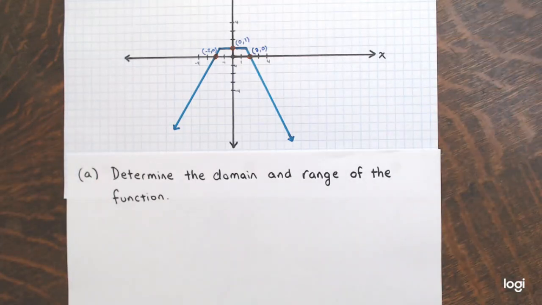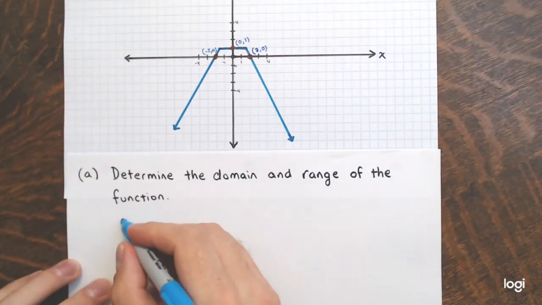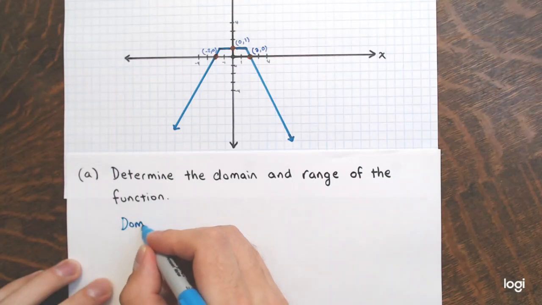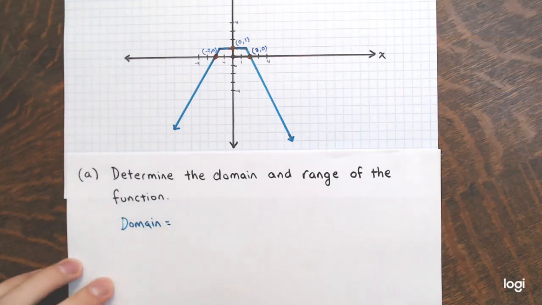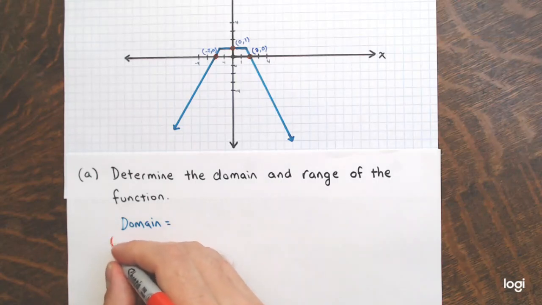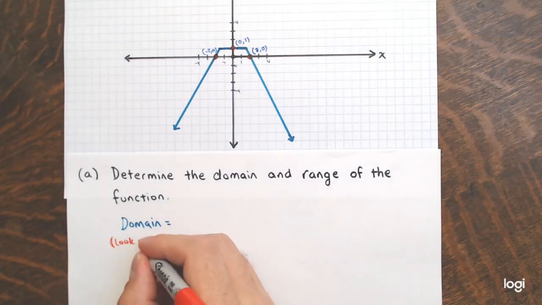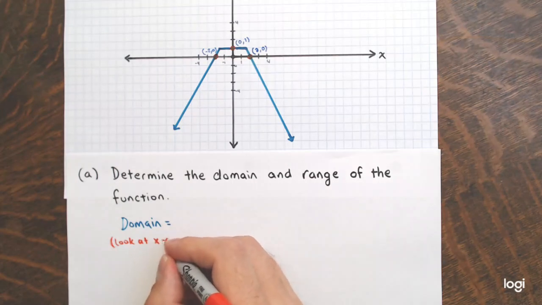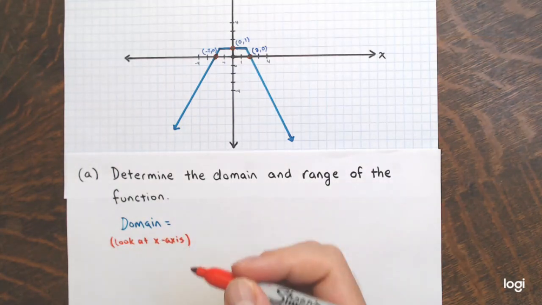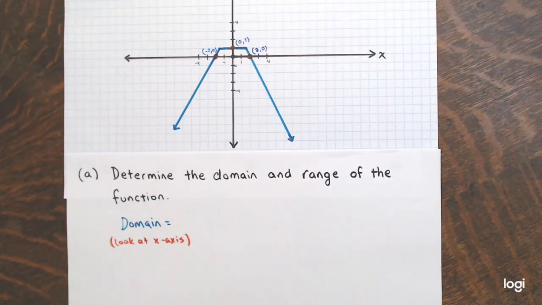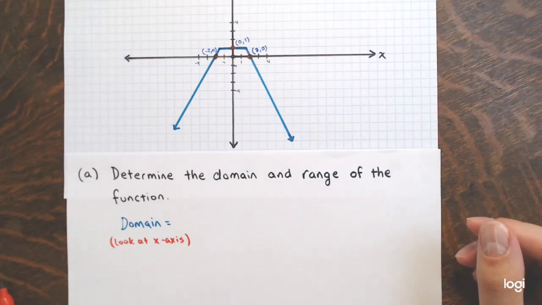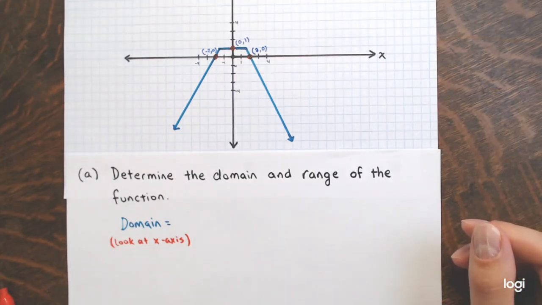So remember the domain. When you're asked about the domain and you're looking at a graph on the xy plane, you're looking at the x-axis. You're looking at x values that are being used, and remember the domain is just the set or the collection of all the x values that are used as x values for points on the graph.